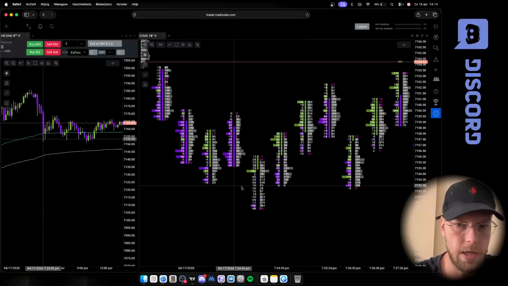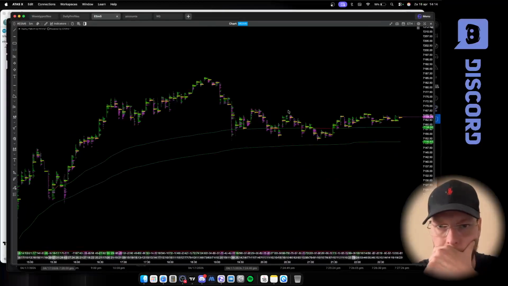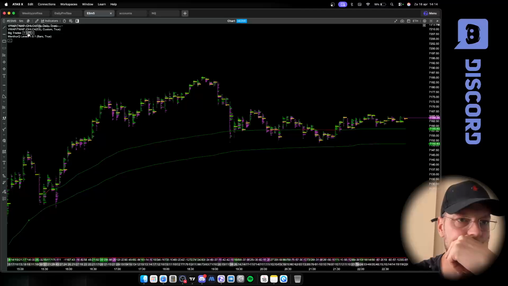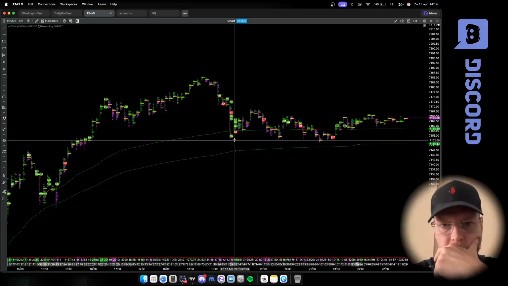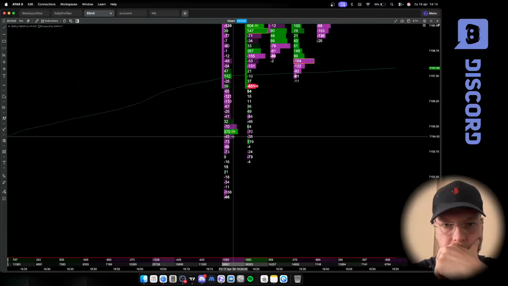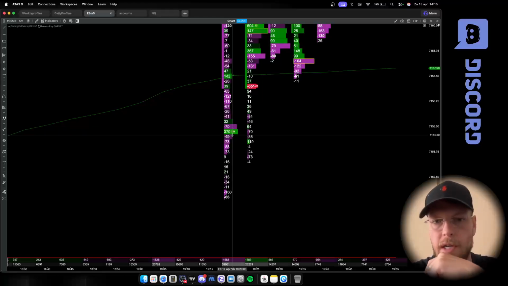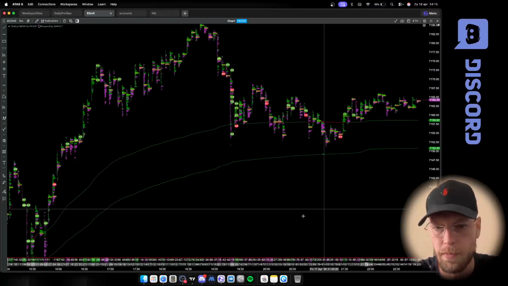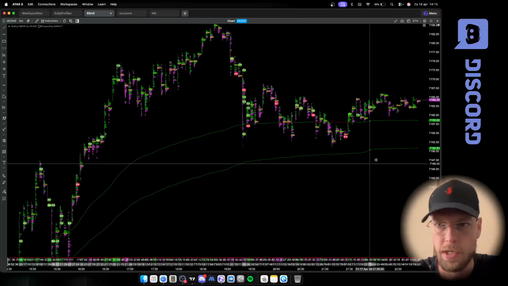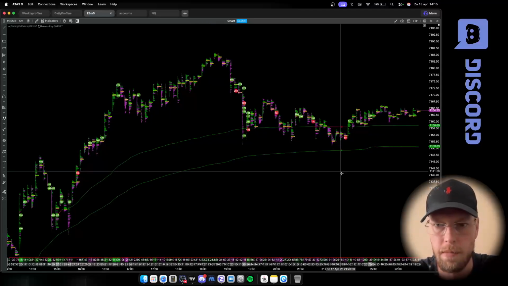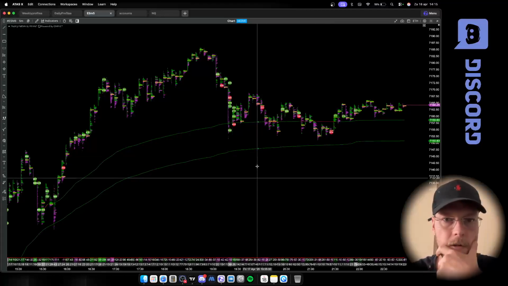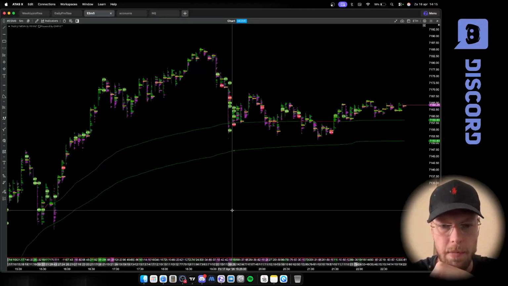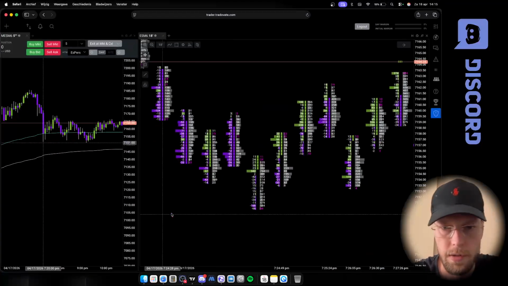We have a different delta here, but that's also because this is not an 80 range chart, so that's normal, because the data is the same. So this move, this sweep into VWAP is this one.